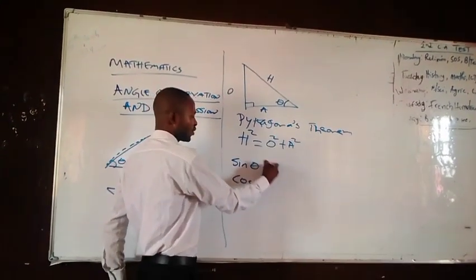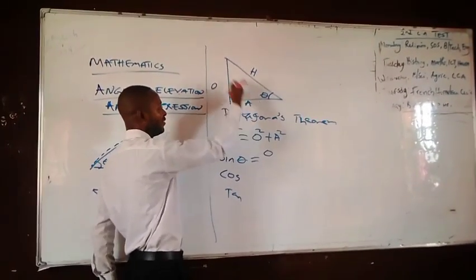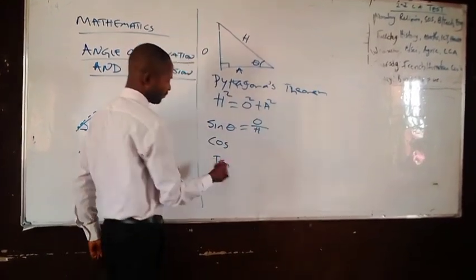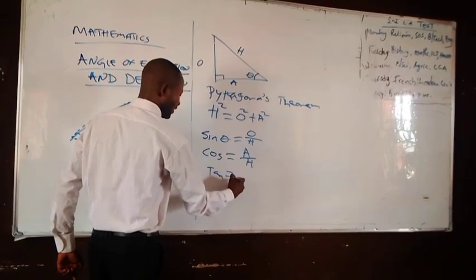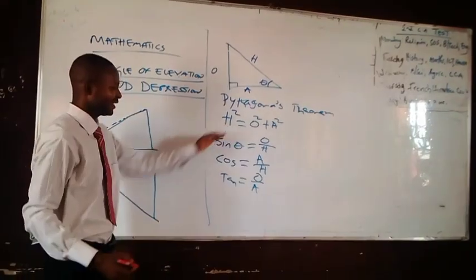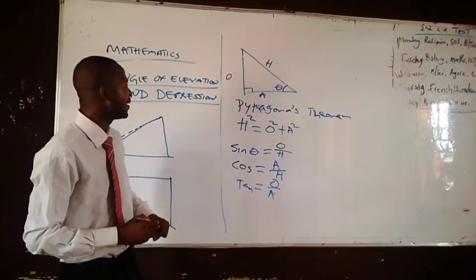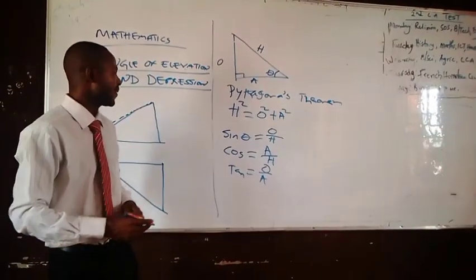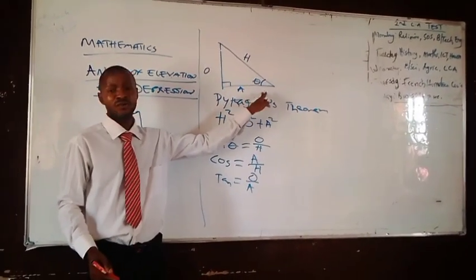Sine theta is equal to the opposite of the theta, like in this case, the angle is here and the opposite becomes this one. So sine is opposite over hypotenuse, cos is adjacent over hypotenuse, and tan is opposite over adjacent. These are the three trigonometric ratios that we can use to solve for either a side or an angle in the right angle triangle, for a problem that involves just two sides or an angle.